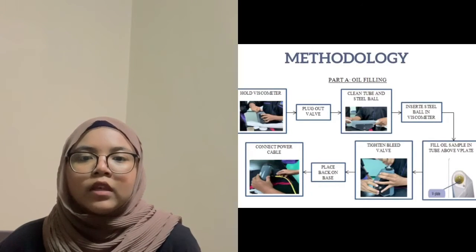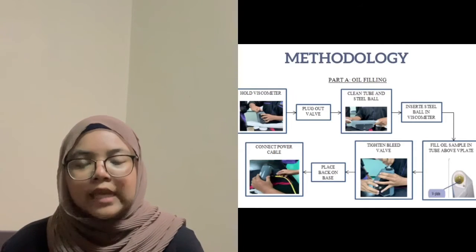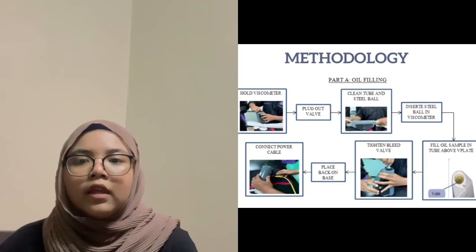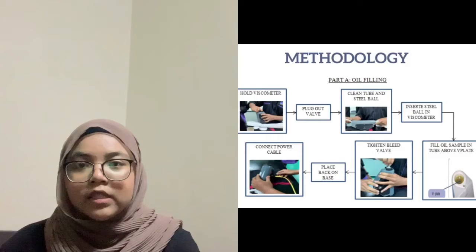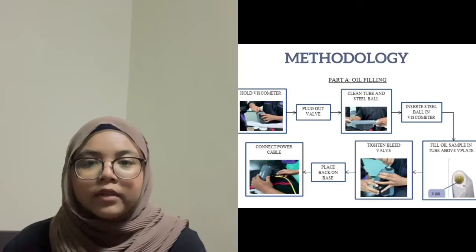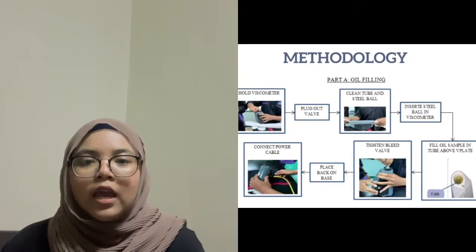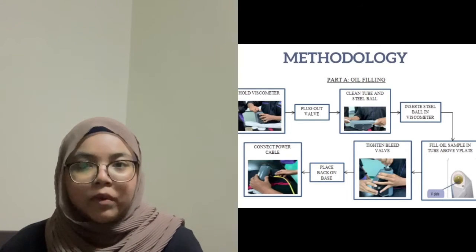Then the main lead was connected into the socket on the inside of the power supply. Select the correct main voltage before starting, and then the other end of the lead was plugged into the main supply, and lastly the main power was turned on, and then turn on the power supply too.